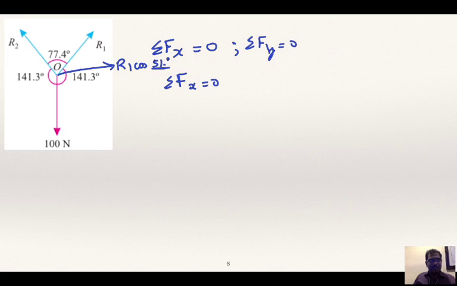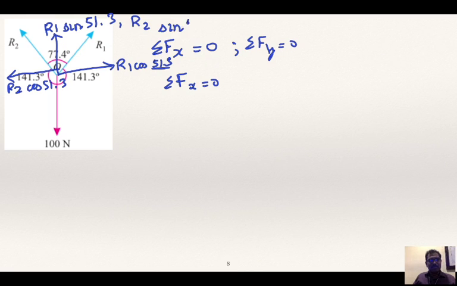You are going to have a value as 51.3, and then in this particular area you are going to have R2 cos 51.3, and then here you are going to have R1 sine 51.3, and similarly you are also going to have R2 sine 51.3. So sigma fx, you are just going to have two forces.